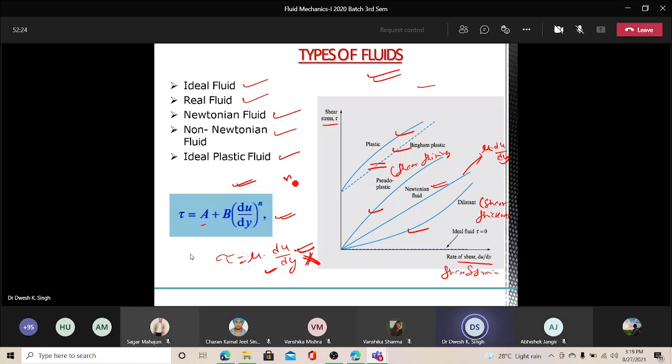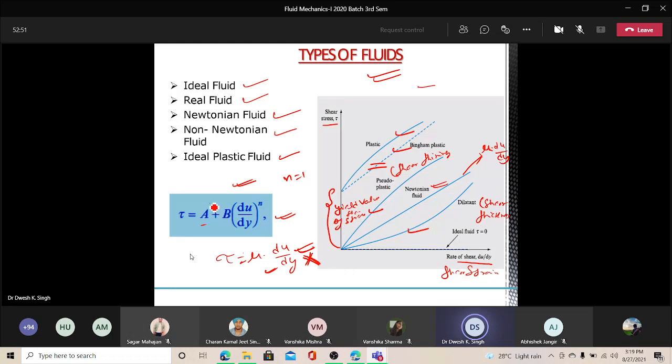In this case you will find that n is equal to 1, because you can see that the rate of shear is just proportional here, a linear variation after a yield value of stress, of shear stress.